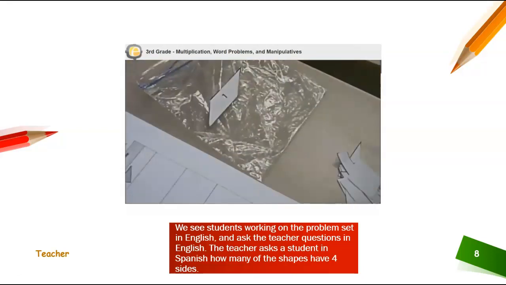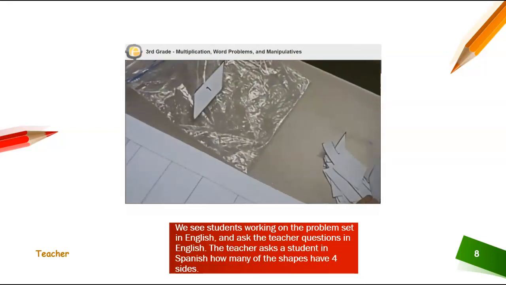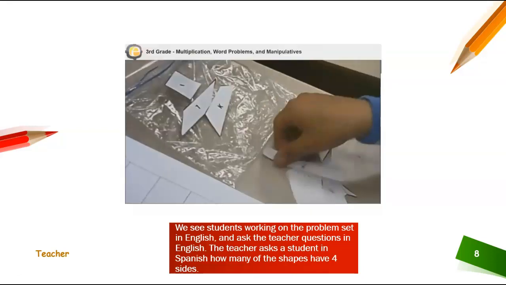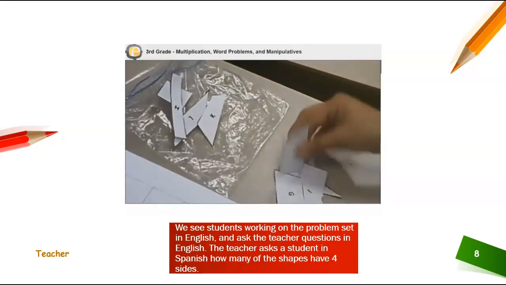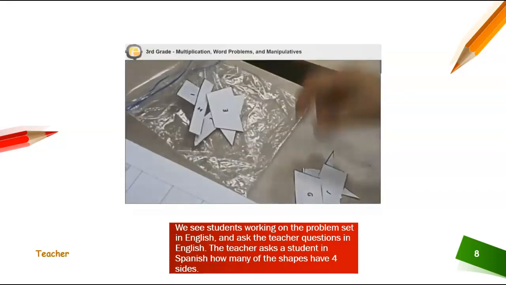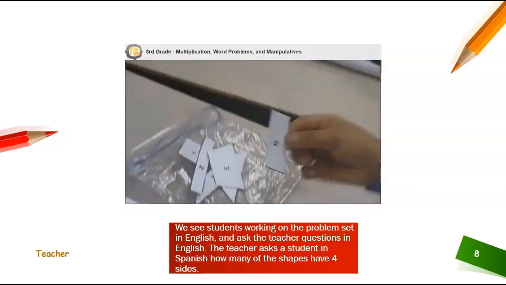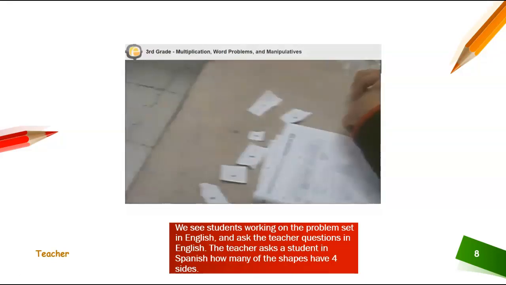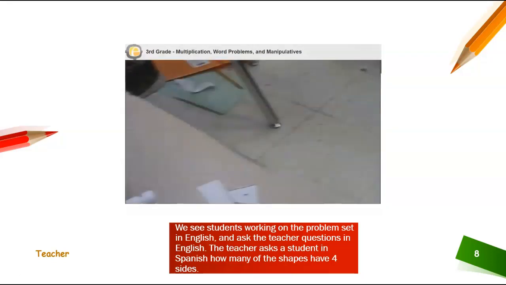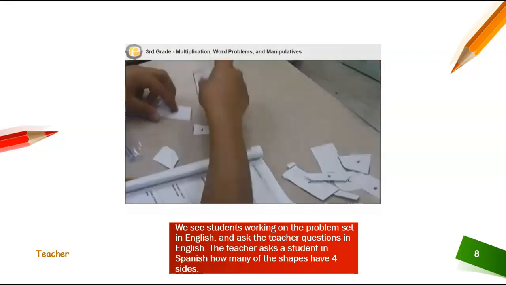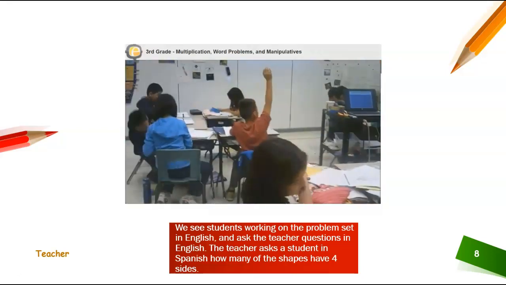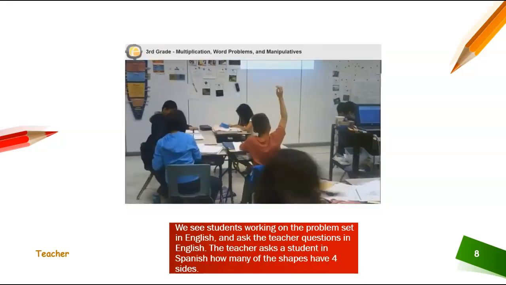How many? Look for all of them. They have 4 sides. You have to look through your shapes and put them on the side. They have to have 4 sides. Wait, do they have to be equal? They don't have to be equal. Does it say equal? No, it only says 4 sides. How many have 4 sides? There's 9.